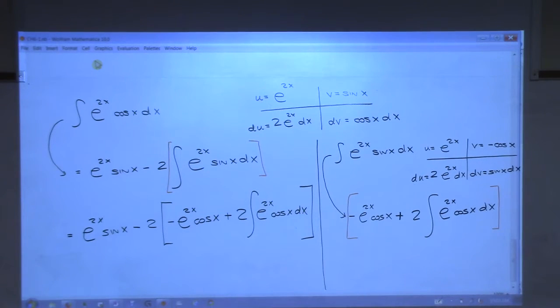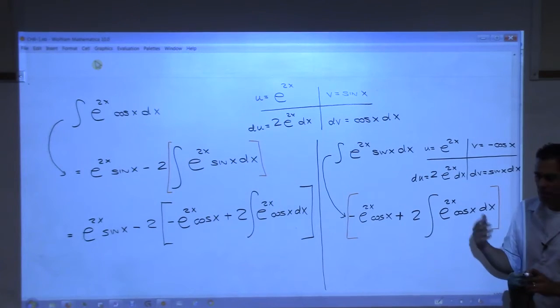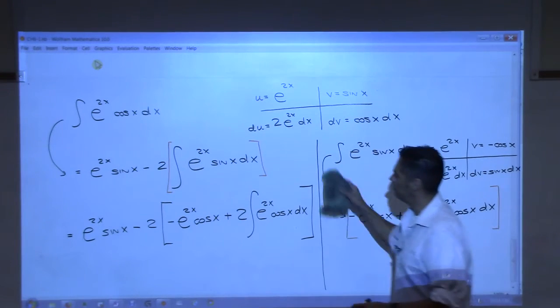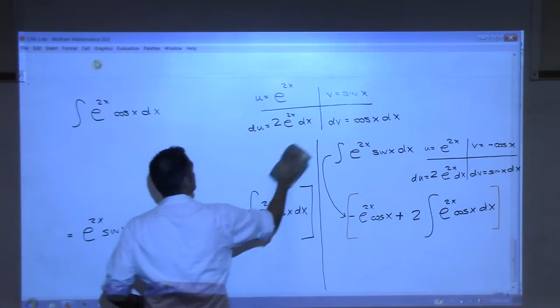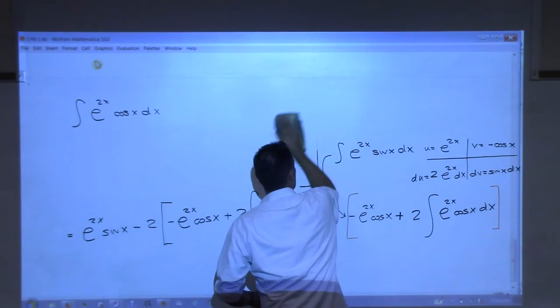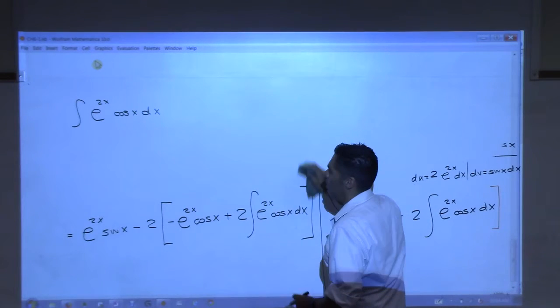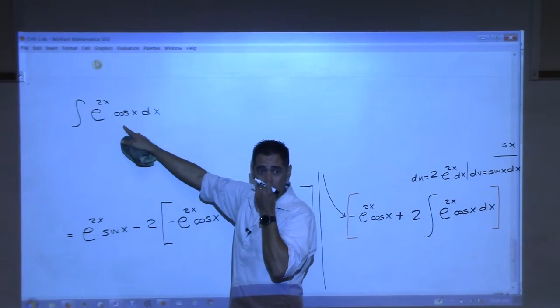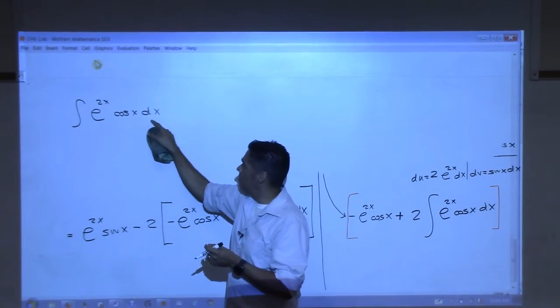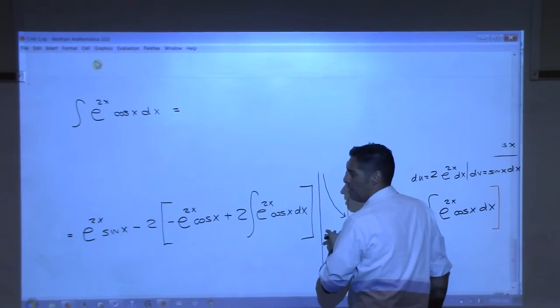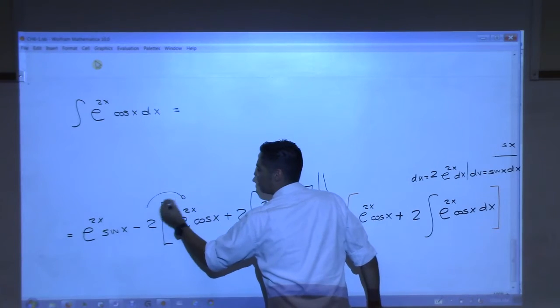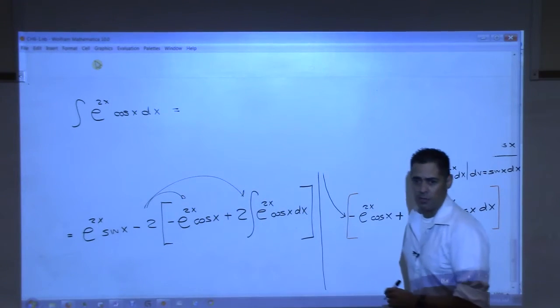The next line I want you to do something special that we really haven't done up to this point. On the next line, I'd like for you to write the original problem. Just write that down. And then I want you to say equals, and then write this down, but distribute the negative 2 through.